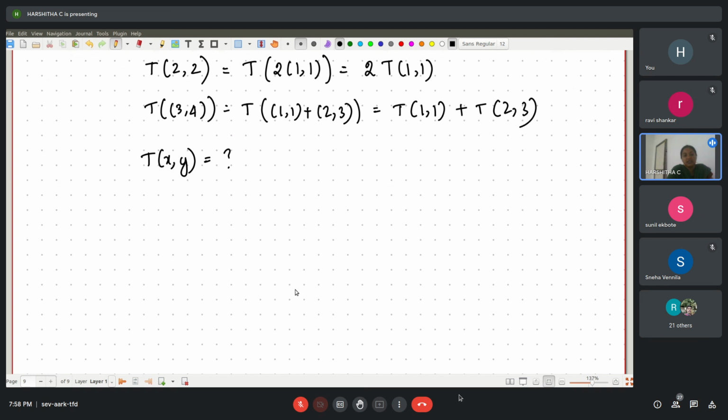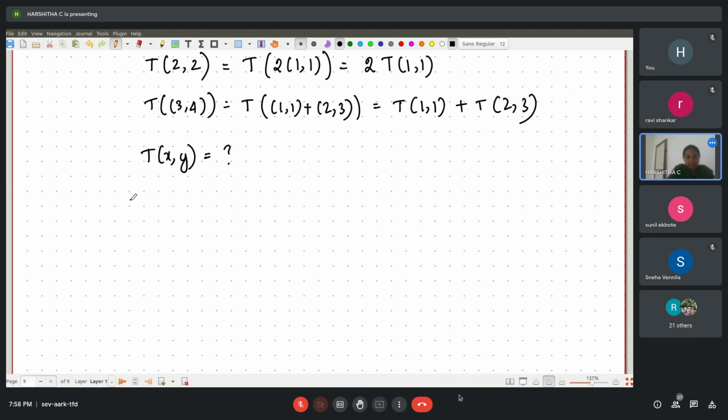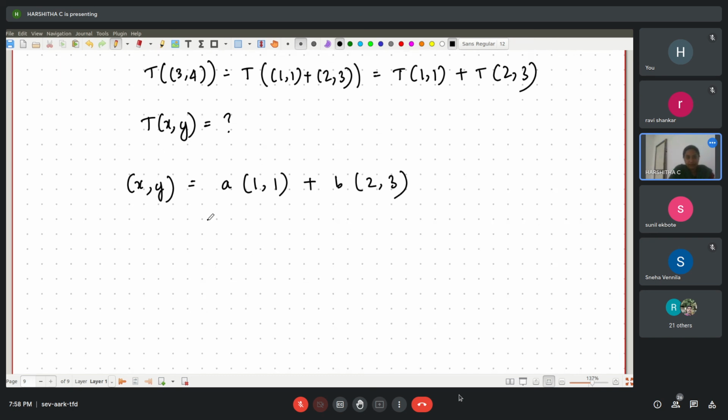So that is the task: given an (x, y), which linear combination works? Can we find A and B in terms of x and y and some numbers? This is just solving some equations.